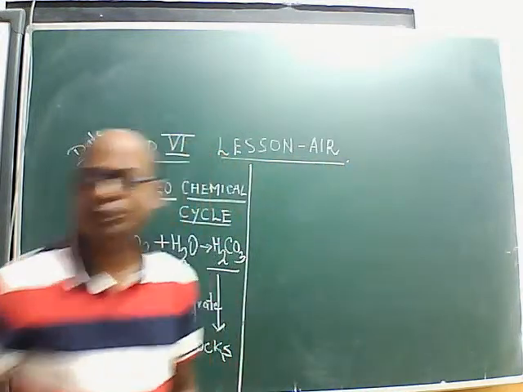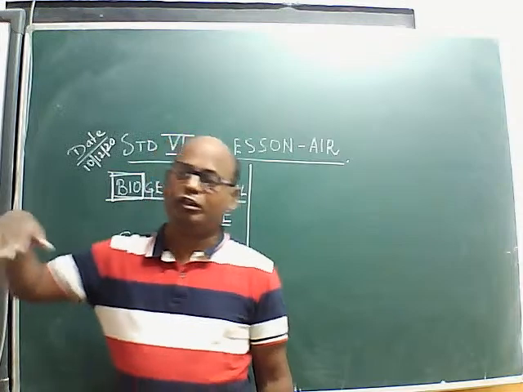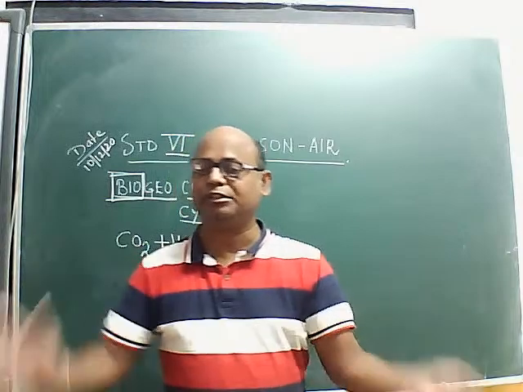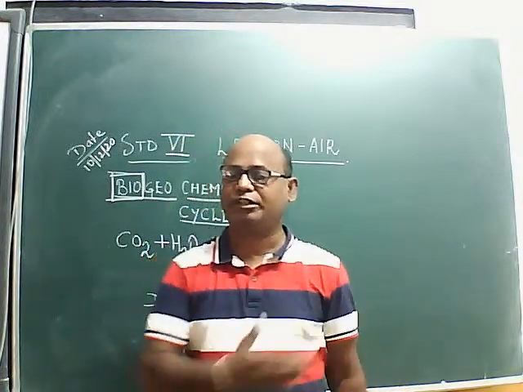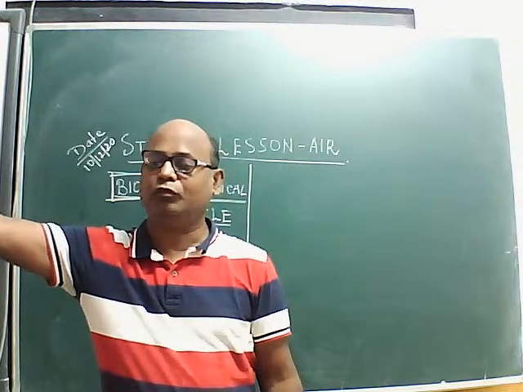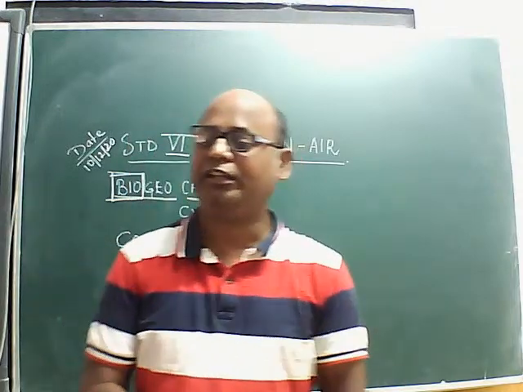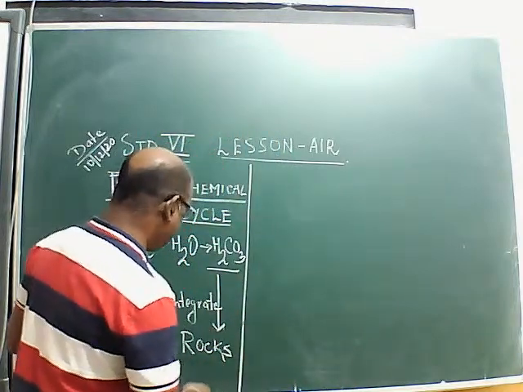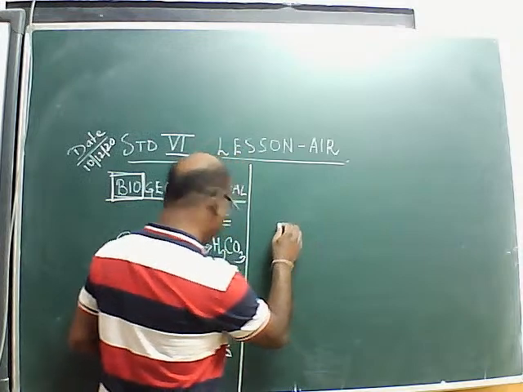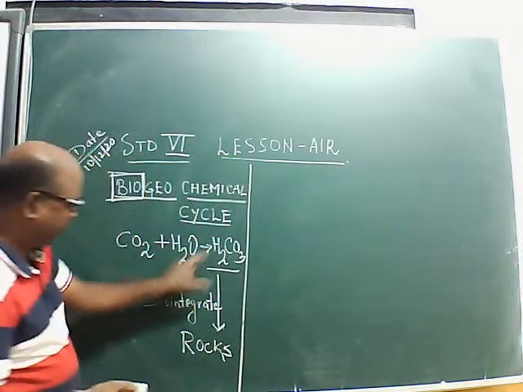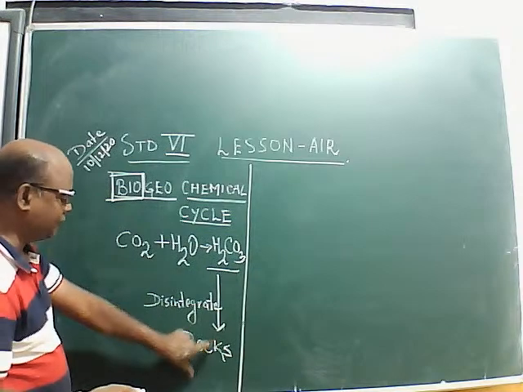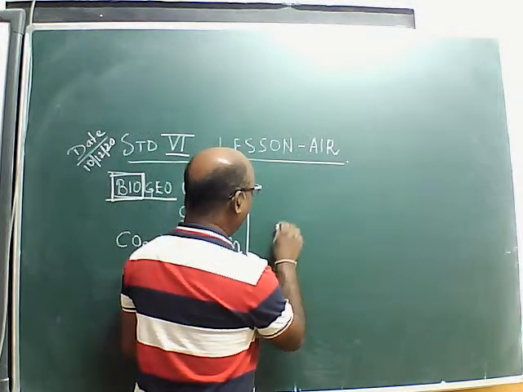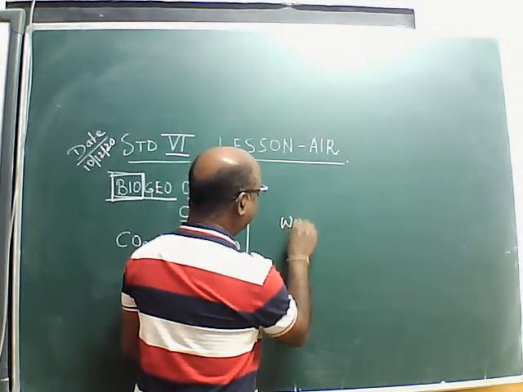Then you know that when it rains, the rainwater flows along the land, takes away soil, minerals, whatever salts with it, and that gets mixed in the water bodies. It may be a lake, river, pond. So the compounds formed after the reaction of carbonic acid with the minerals flow along with the soil, along with the water.